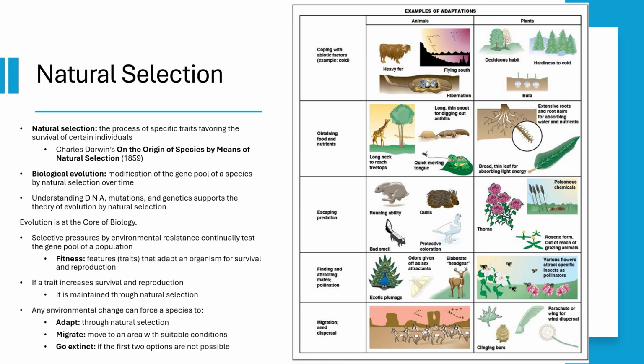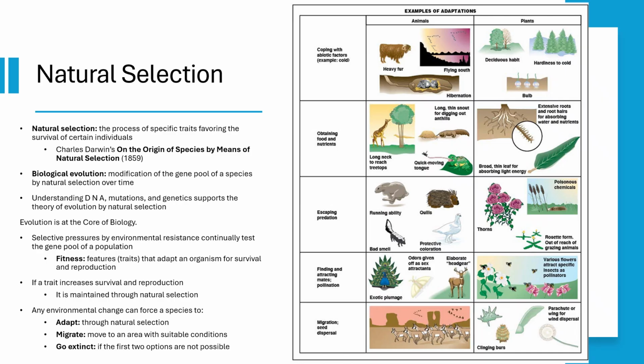He published his work in a book called On the Origin of Species by Means of Natural Selection in the mid-19th century. And now we know today that biological evolution is basically the modification of the gene pool within a population, and that modification is a process that takes time. It occurs through mutation in the molecule of DNA.